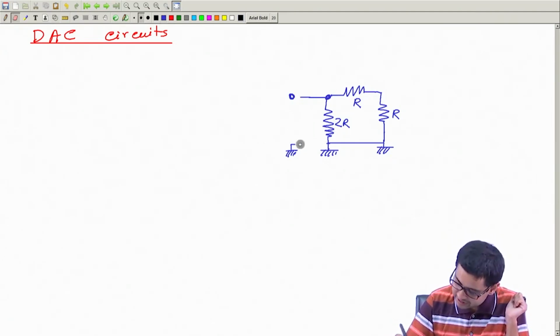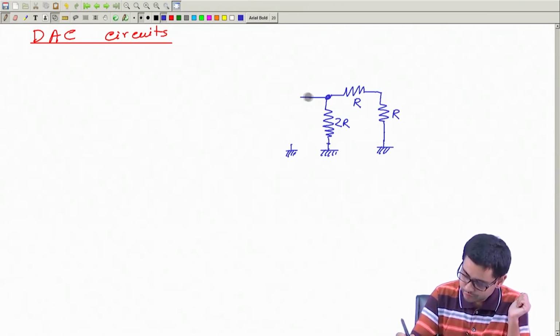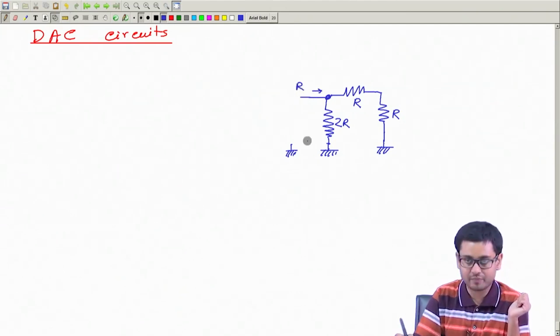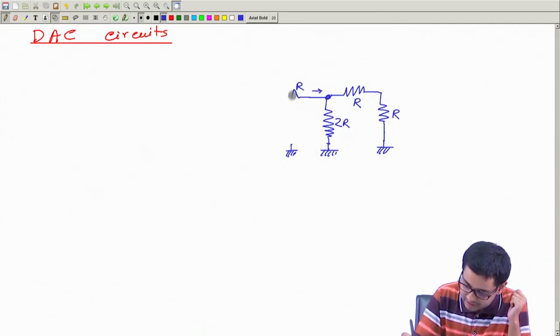Let me erase it because I need some space later there. So between ground and this point, the resistance is how much? As seen from here, it is R. Now I will add another R to this.